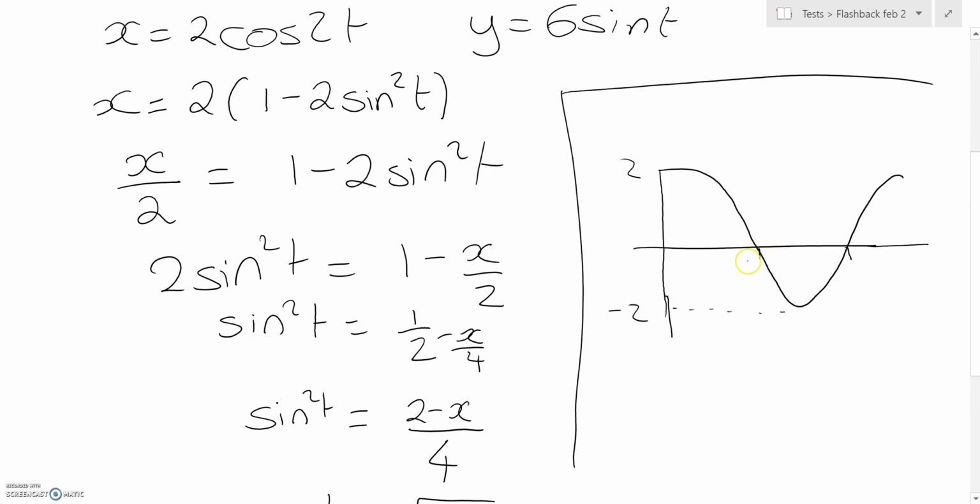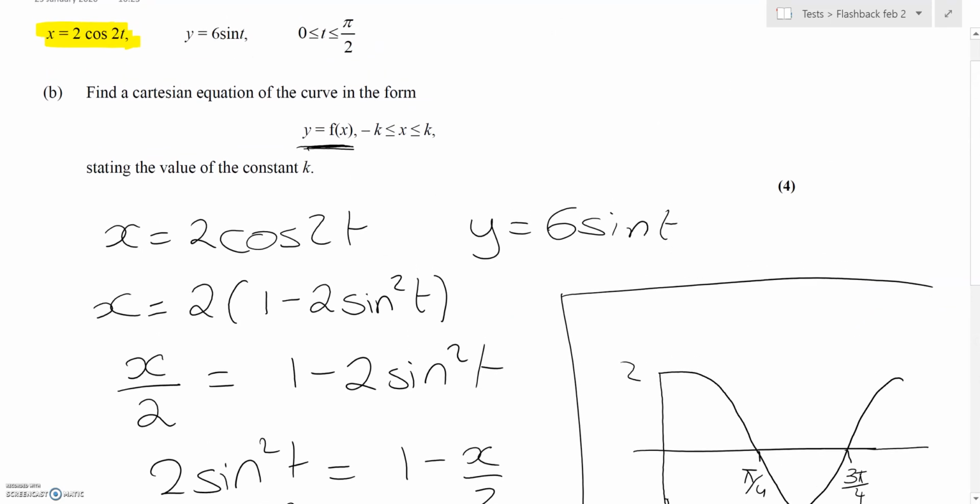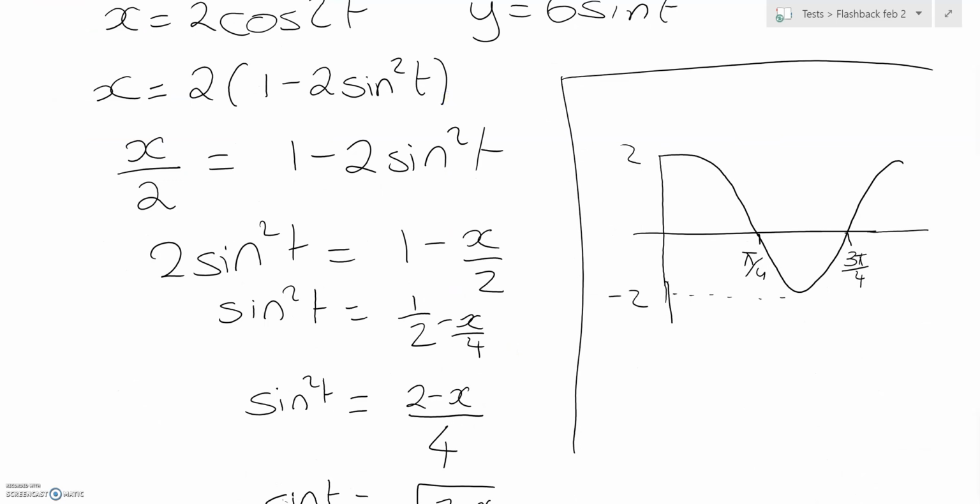So instead of being pi by 2, this is going to be pi by 4, and here we would normally be at 3 pi by 2, so it's going to be 3 pi by 4. Quickly just check the domain that we were given originally. We were told from 0 to only pi by 2. So where is pi by 2? Well, pi by 2 is that, so we don't need this section of the graph.